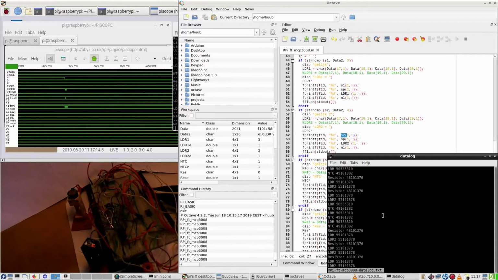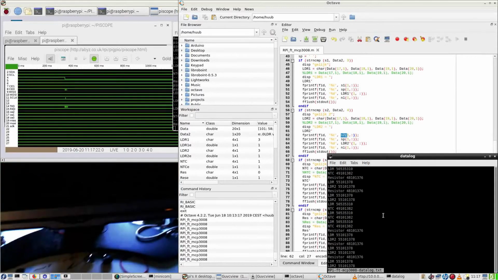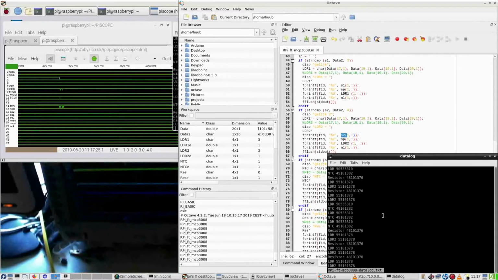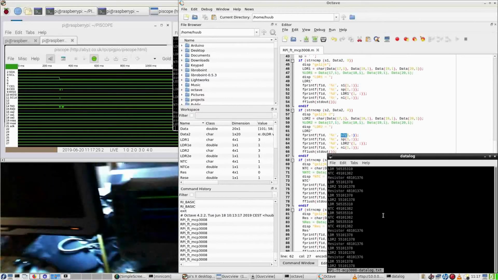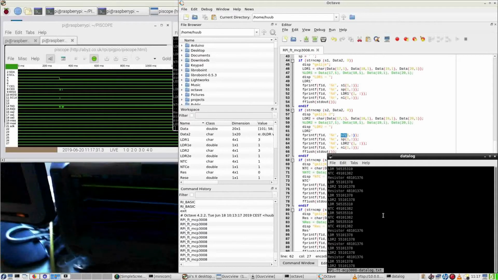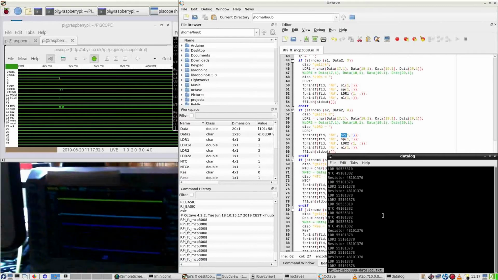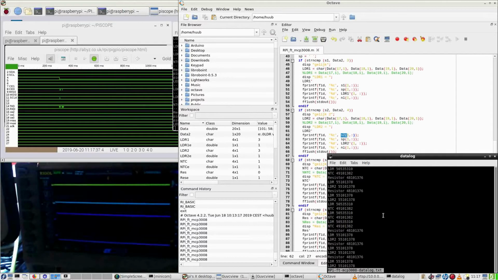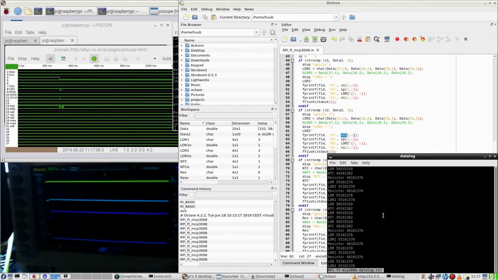Oh, and I should show you the oscilloscope again. So now time setting is, let me show you nicely. Time setting is now 200 milliseconds. Blue line.